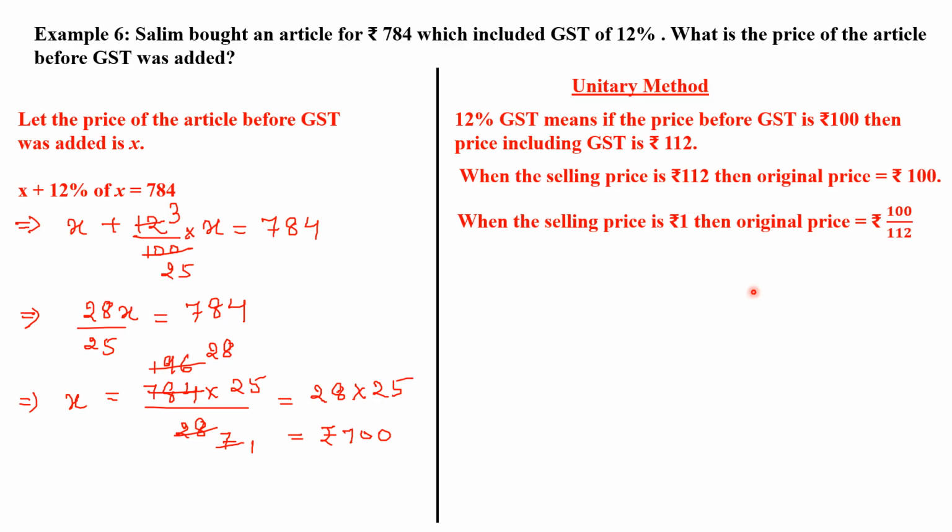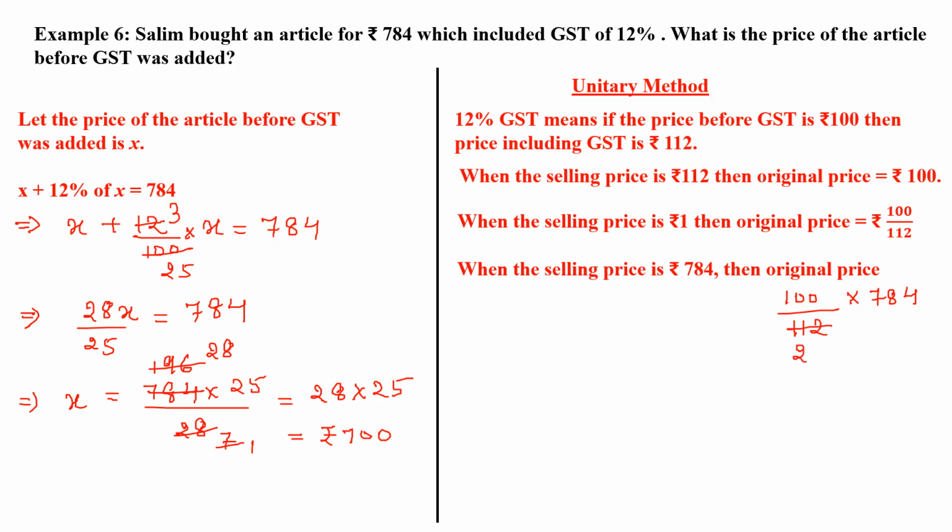And what we have to find? When the selling price is 784 rupees, the original price will be, so again I know the value for 1 and I have to find the value for more. So I have to do the multiplication. So 100 by 112 multiply by 784. Now I'm going to use the 4 table. So 4 times 2 is 8. 28 will give me 112.